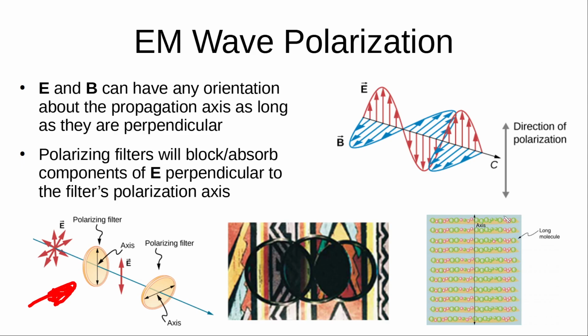And it basically gives up its energy to move those electrons back and forth and is thus absorbed in the material of the polarizer. So the axis that allows light to pass through, the polarization axis of a polarizer, is actually perpendicular to the direction of these molecular chains. So as you see in this drawing here, the polarization axis is vertical, and the molecular chains in the polarizing filter are actually horizontal.